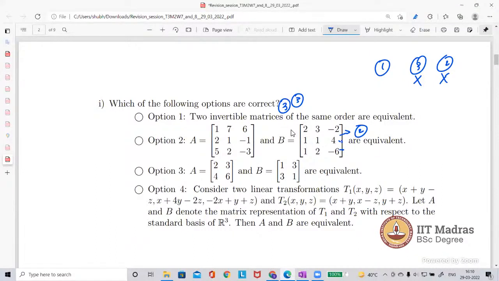Sir, my query is that looking at some of these questions, the answers come very quickly. Generally, when you come across this question, the first thing you think is that they're asking for equivalence, and then you go by the usual formula, that if A is equivalent to B, then B equals QAP, and then you do the row echelon form and all those things.